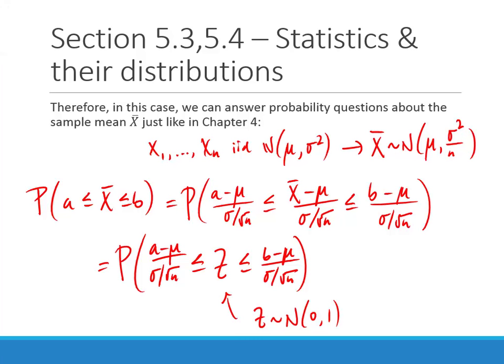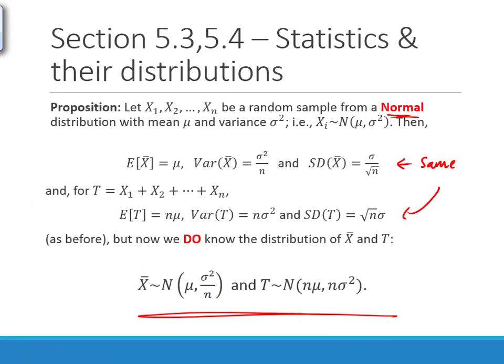So if I want to know the probability that the sample mean is between two numbers a and b, I can standardize and get down to using the standard normal distribution, and then I can use the table, or you can use your calculator or whatever you want to at that point to figure out what this probability is. So key result here is if my random sample comes from a normal distribution, I have a normal distribution down here for my sample mean and t, the sum of all those things.